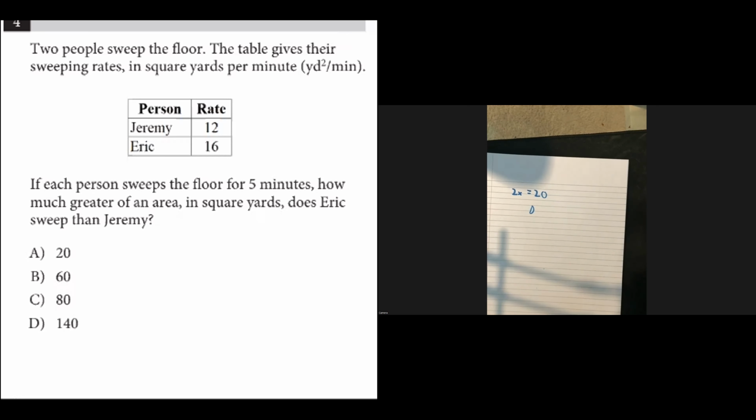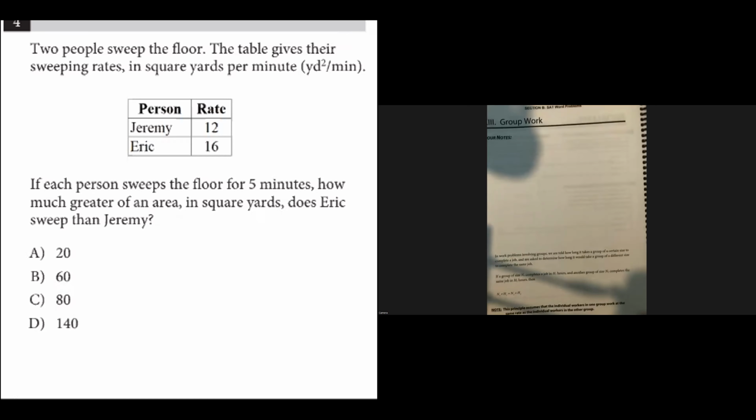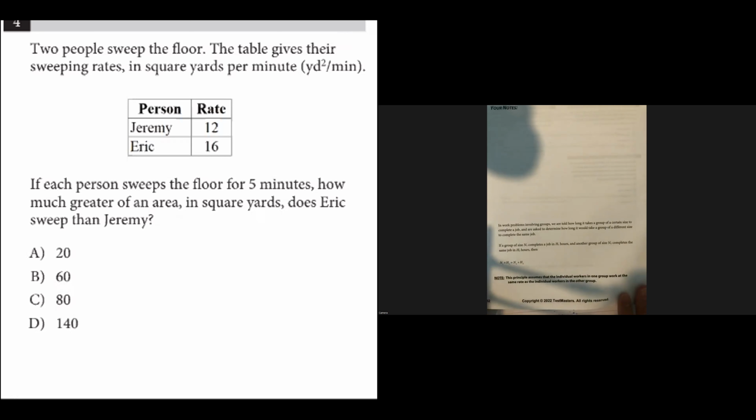All right, so for this one is grouper. So in word problems involving groups, we're told how long it takes groups of a certain size to complete a job and how long of a group of a different size.